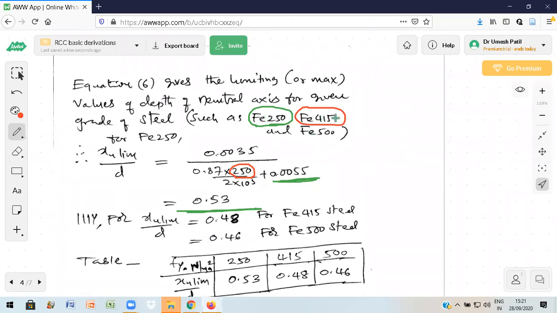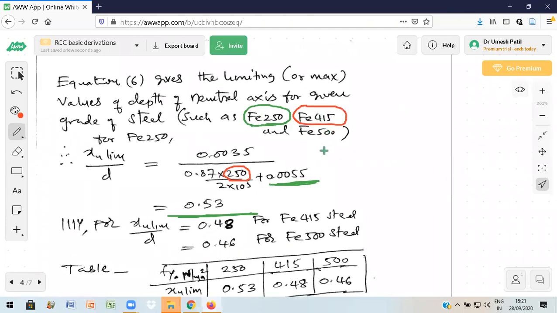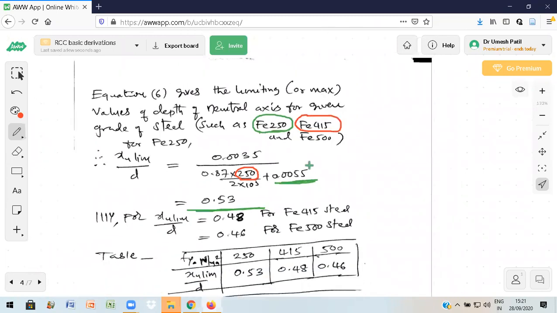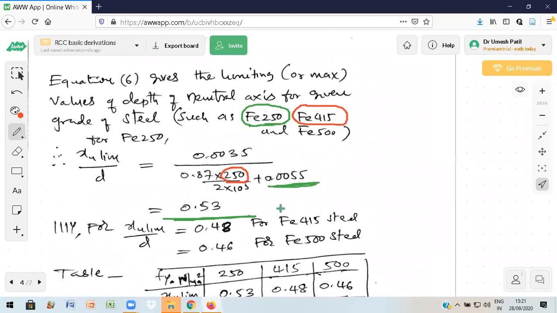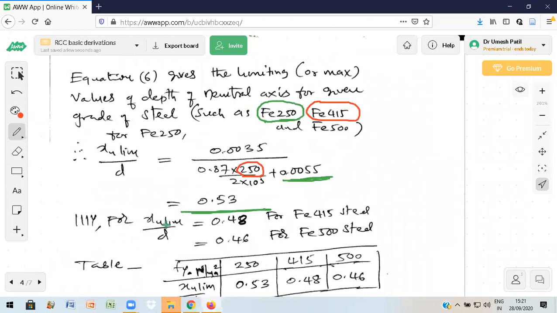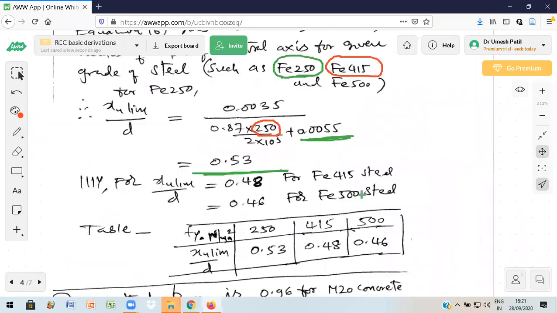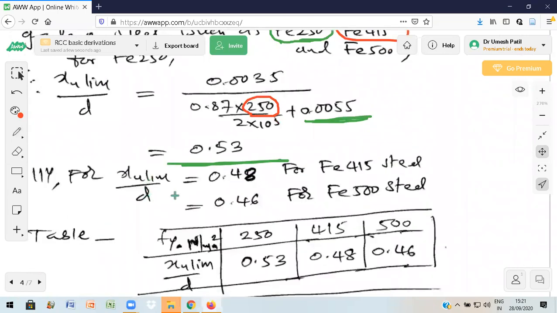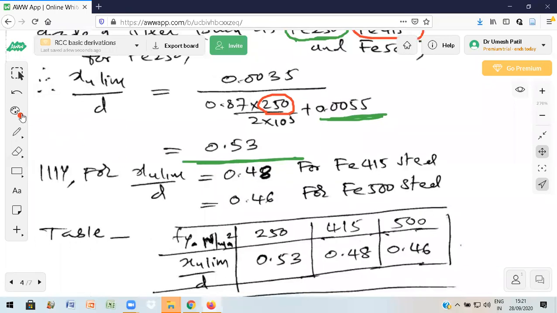In textbooks they have used 415 in all the textbooks, but you have to be perfect in using both. Similarly, xu limit by d is 0.48. See this.